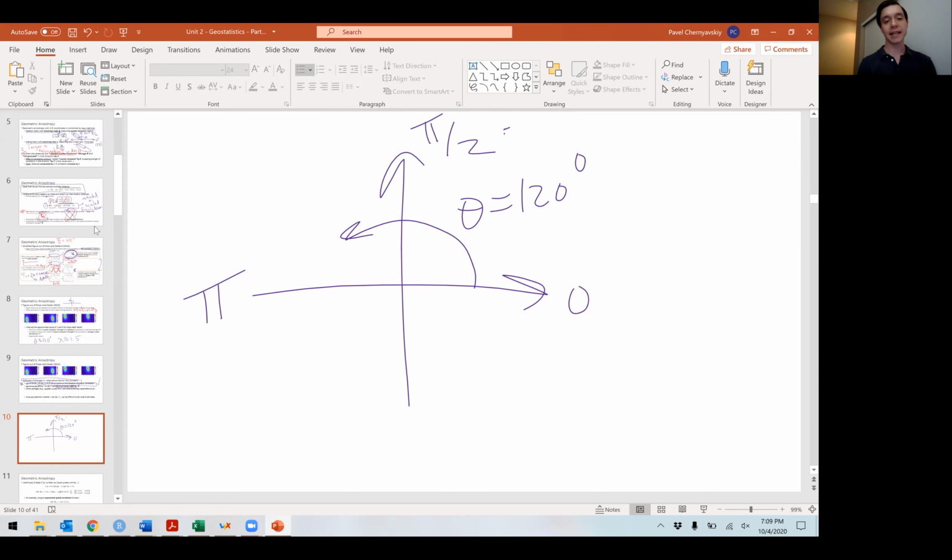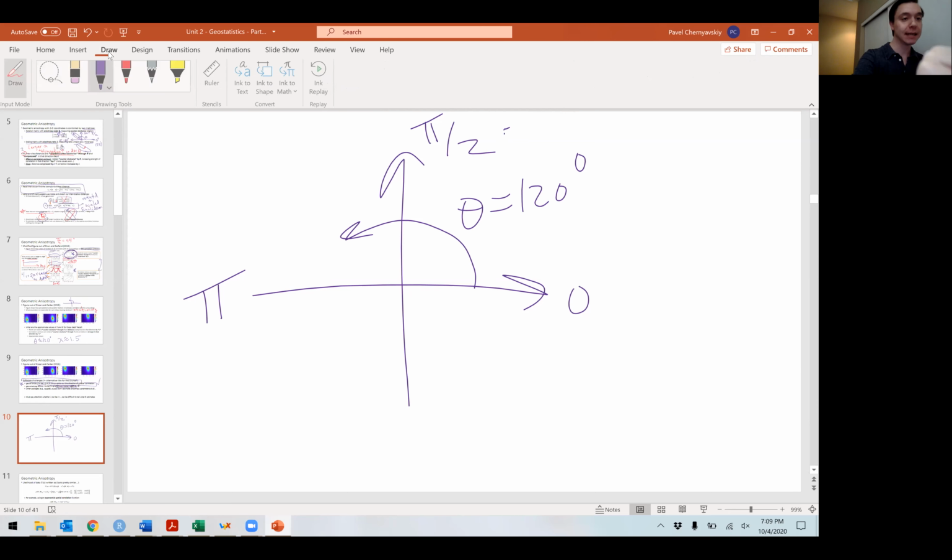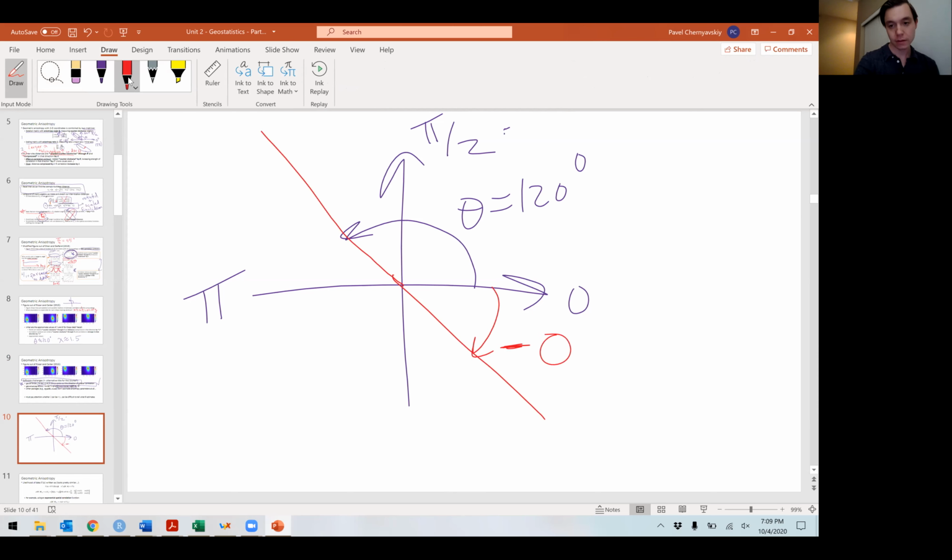So here I'm rotating things counterclockwise by 120. Notice this is identical to rotating by negative 60, right? Because of course pi is 180 degrees.